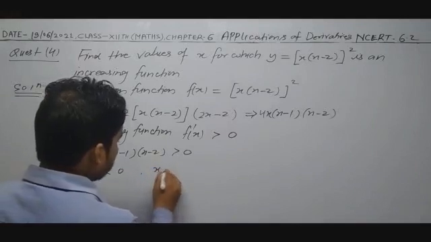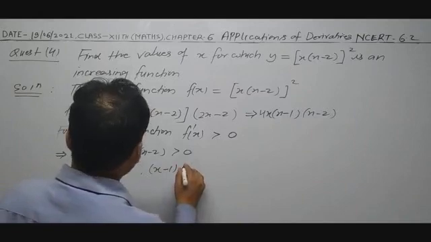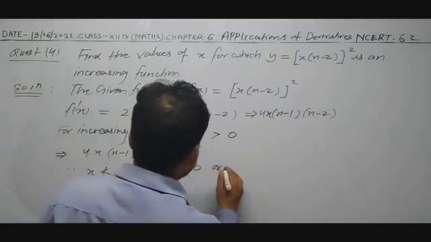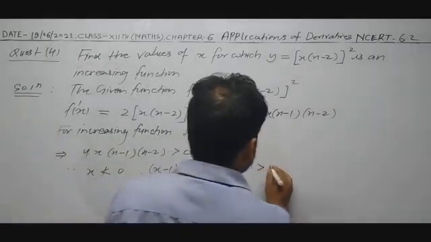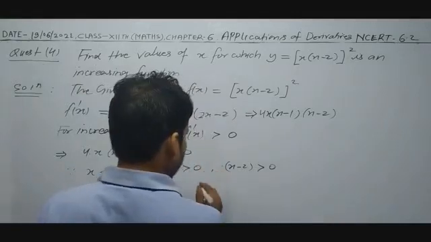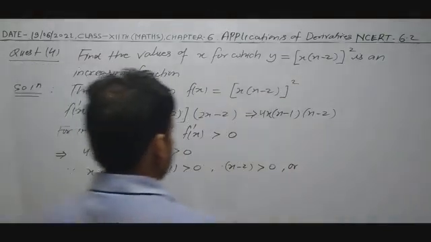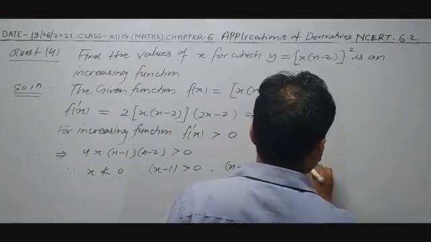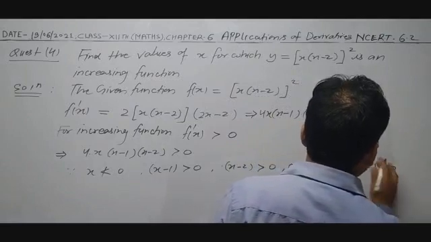This implies x minus 1 is greater than 0 or x minus 2 is greater than 0. x minus 1 is greater than 0, x minus 2 is greater than 0, or you can say both terms can be negative. So x minus 1 is less than 0 and x minus 2 less than 0.